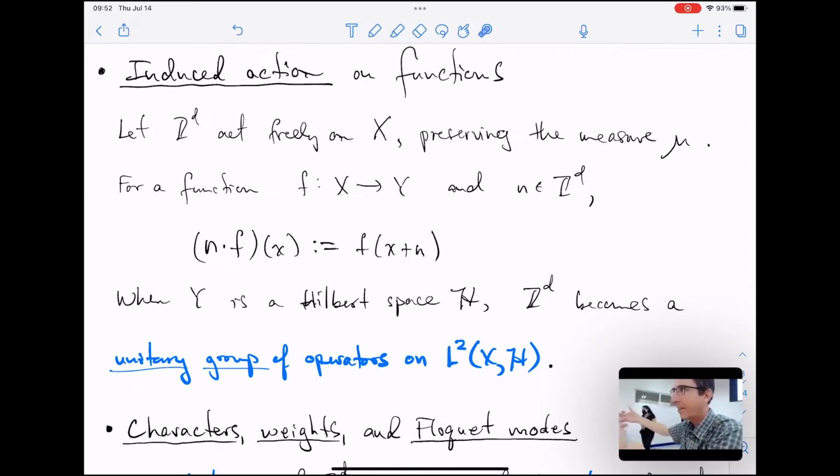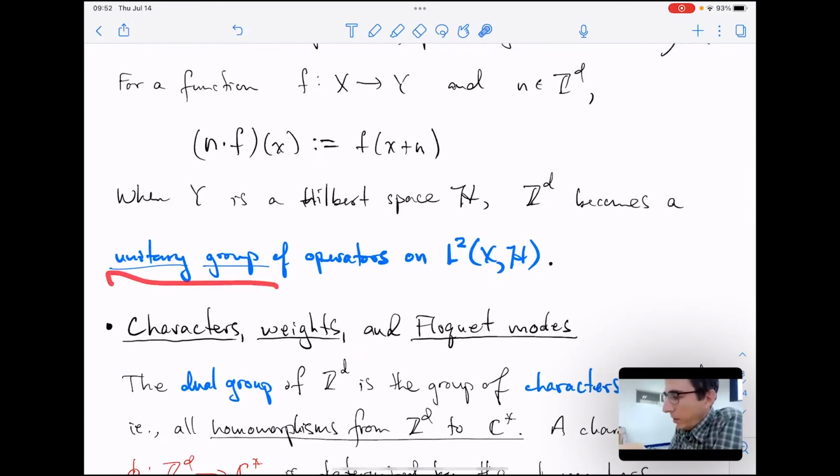Right? And so therefore, the L2 norm is preserved under shift, or any other integral norm, but particularly L2. So this is a unitary group of operators on L2. In the language of representation theory, you would say that you have a unitary representation of Z^d on L2. And that's by shift.